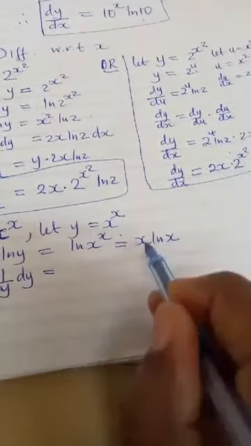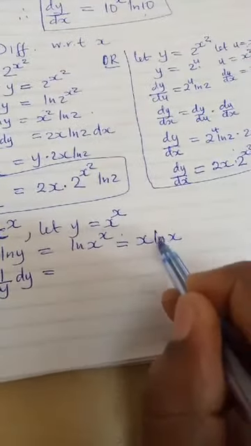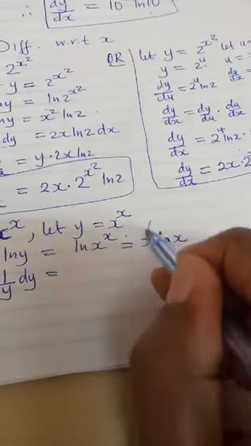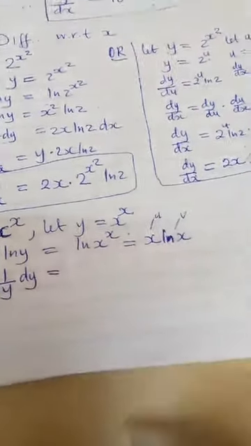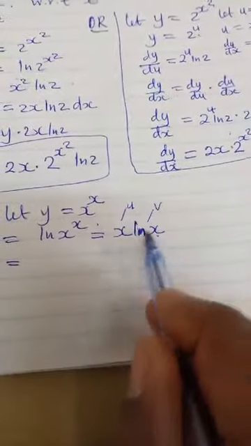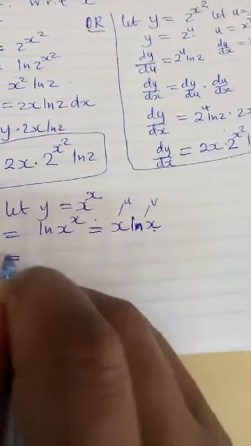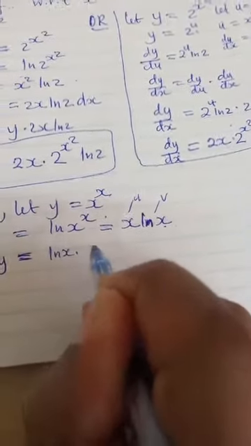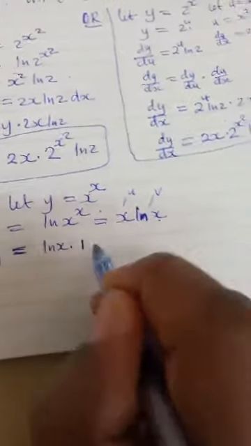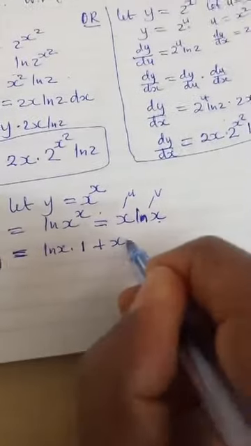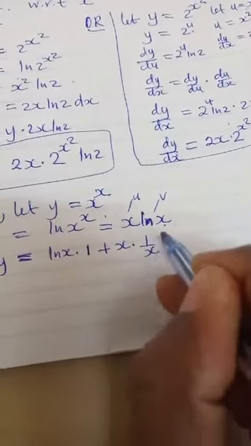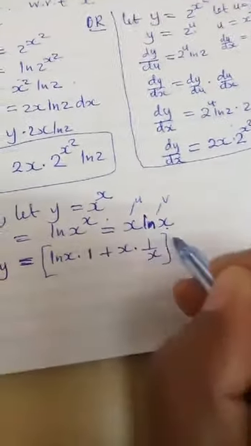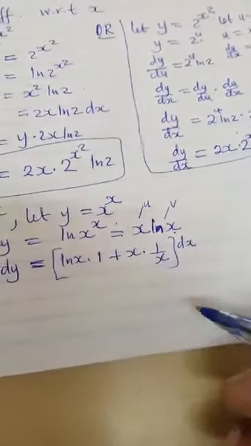Now, in this case, you consider this as the product rule. One becomes a u and one becomes a v, because they are all terms in x. So we'll have v, which is ln of x, times du dx, which is 1, plus u times dv dx, which is 1 over x, or is subjected to dx here, if we have not brought it there.